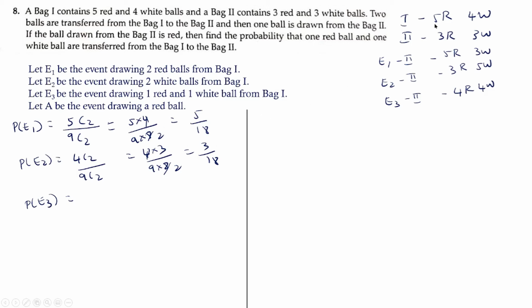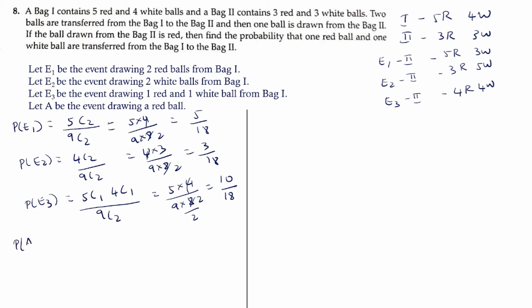So one red ball can be drawn from 5 red balls in 5C1 ways, and one white ball can be drawn from 4 white balls in 4C1 ways, upon 9C2. So this is 5 into 4 upon 9 into 8 by 2. So this is 10 by 18. Let us keep the denominator common so that it is easy to simplify.